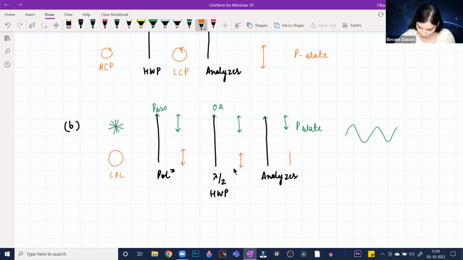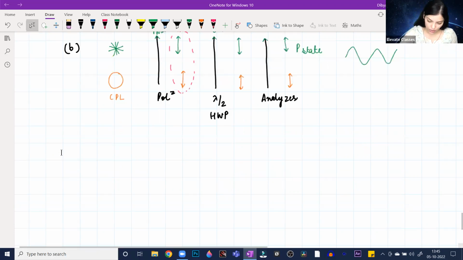Are you understanding? Because right here, in this portion, the light has become the same. So they'll behave in the same manner. There is no need to calculate further. They will behave in the same way. So this will also give me a P state here. So I cannot distinguish between the two, and therefore this configuration will also not work.